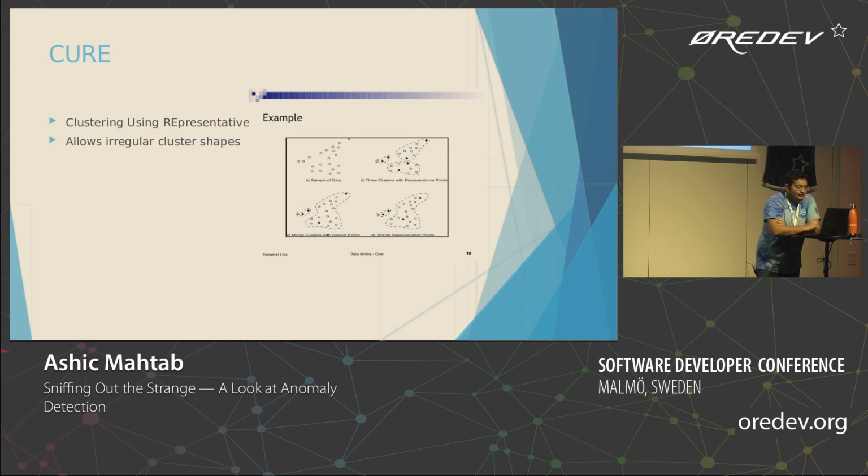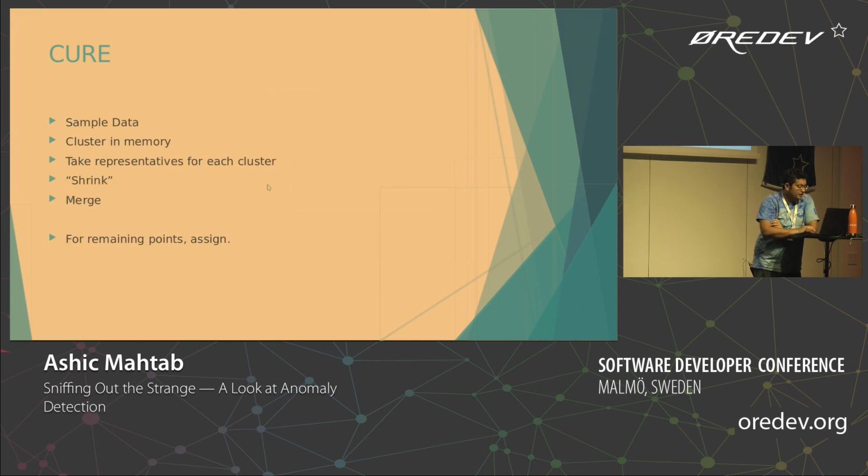And if they are irregular shapes, like, say, the one over there, then k-means, or BFR, has no chance of effectively finding these clusters. And that's where the CURE algorithm comes in. So CURE stands for clustering using representatives, and it allows for irregular clusters and cluster shapes.